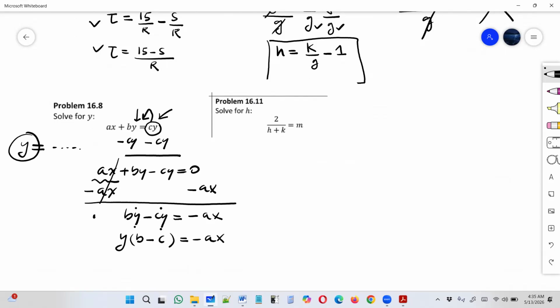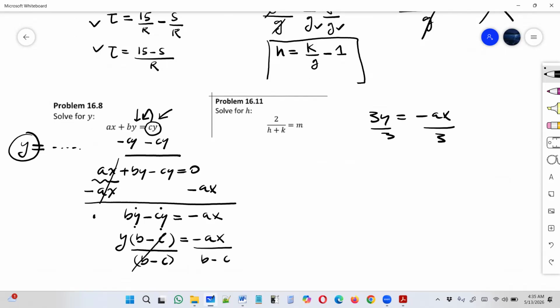At this point, I have y times something else, just like if I had 3y equals minus ax. All I have to do is divide by 3. So in this case, the thing that's multiplying my y is b minus c, so I'm going to divide by b minus c. If I do it on the left, I do it on the right.